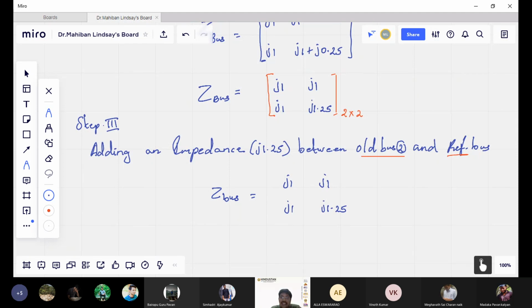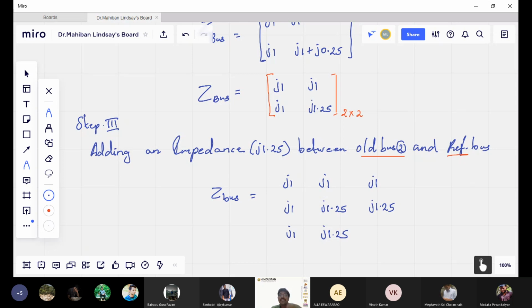Here you can see that this is the second element, and the second element will be repeated again. That is J1. Here also the same element will come, according to the modifications I gave earlier. And here also the same thing will come, J1, and here also J1.25.